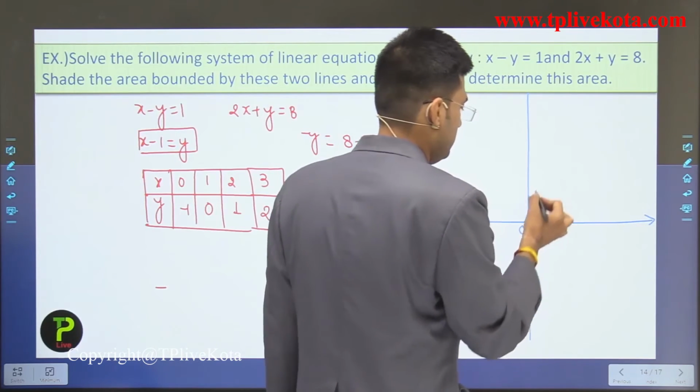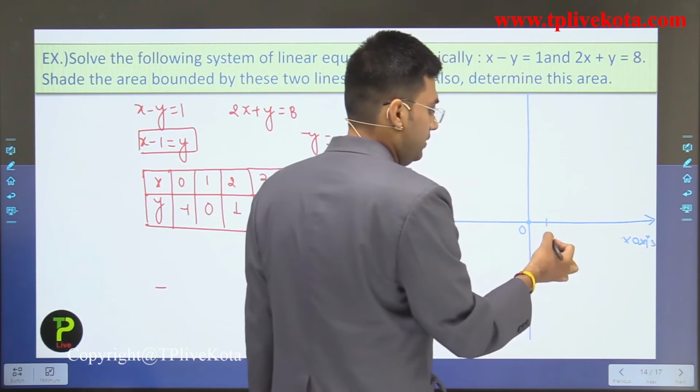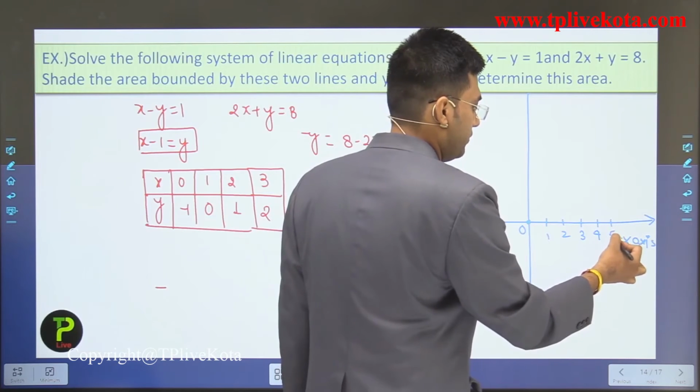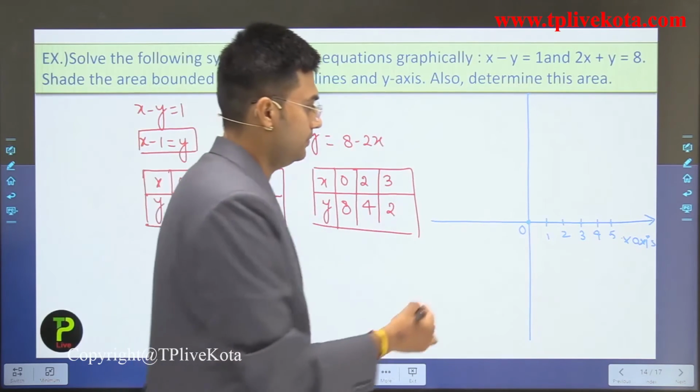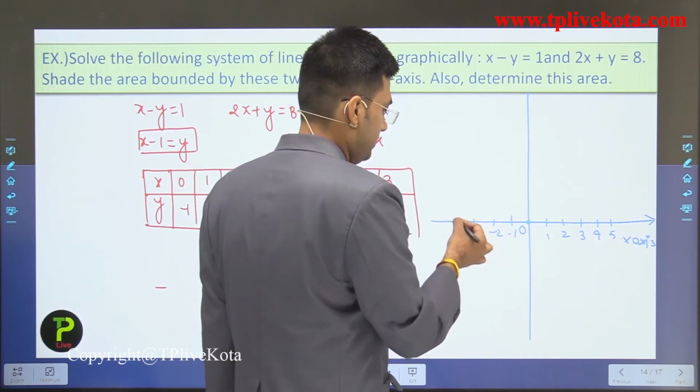This is 0, the x-axis, 1, 2, 3, 4, 5. Now minus 1, minus 2, minus 3, minus 4.